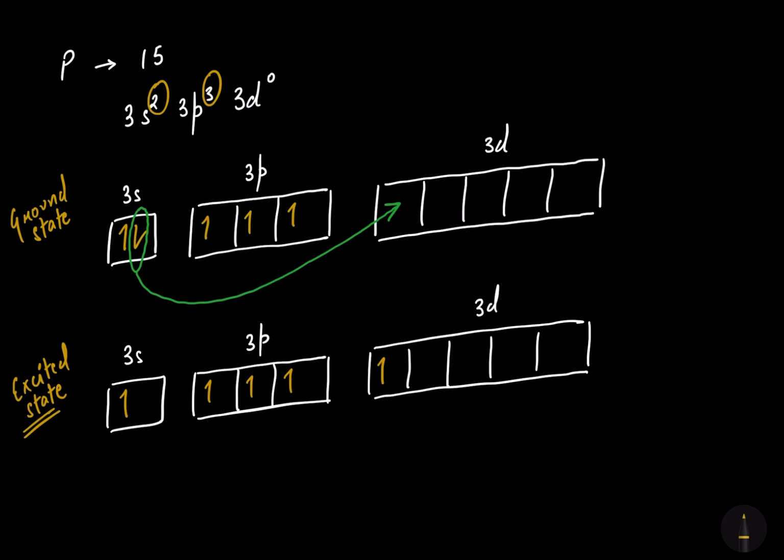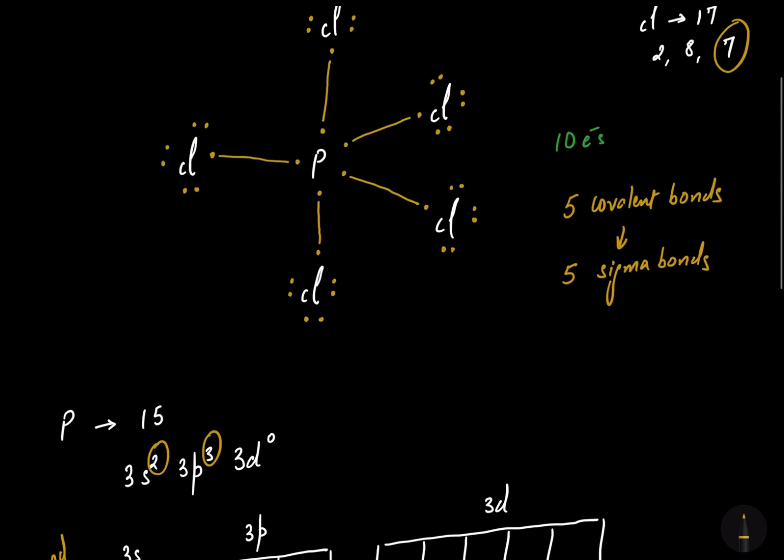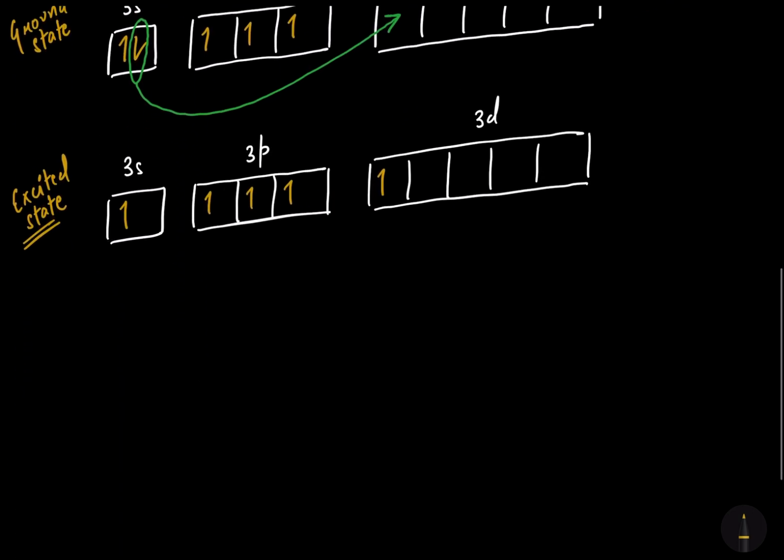Total of 5 sigma bonds, as there is availability of 5 atomic orbitals in phosphorus having one electron each. So now from this step, as all were sigma bonds, intermixing of atomic orbitals will start.